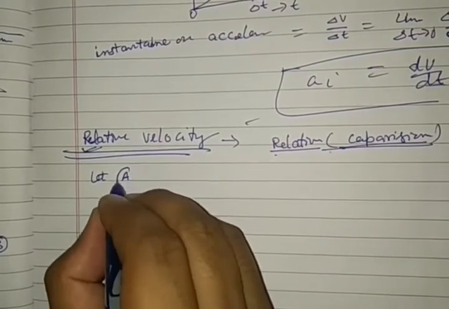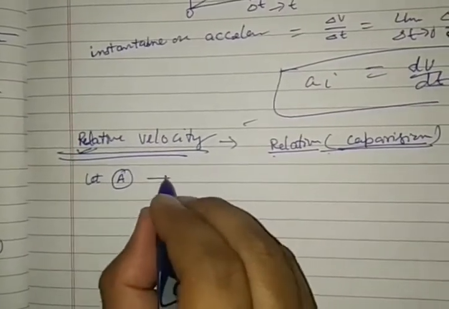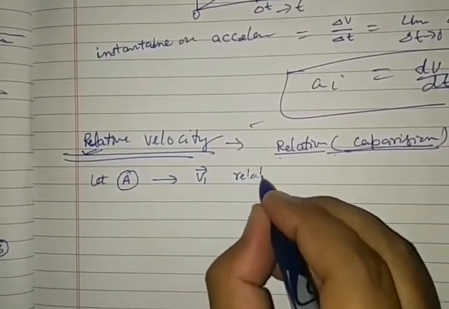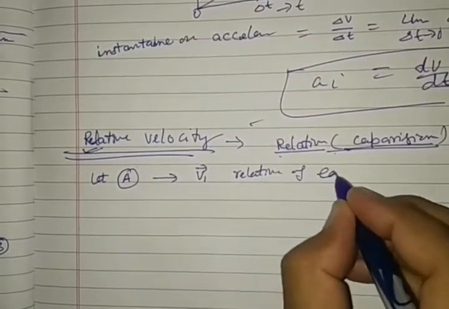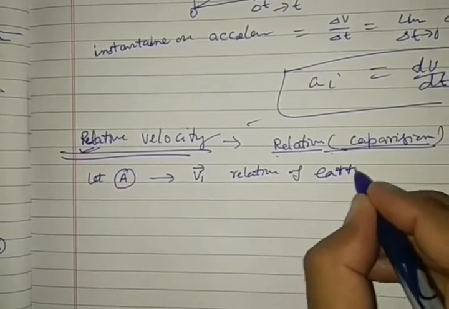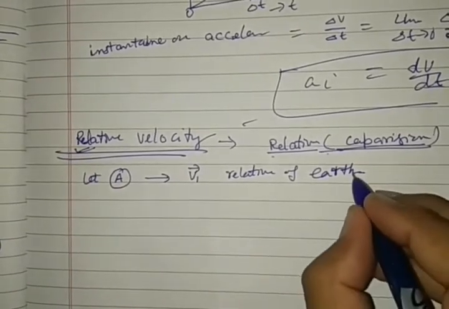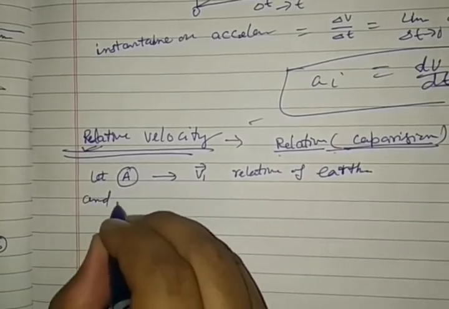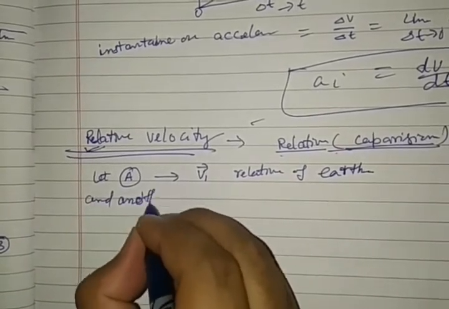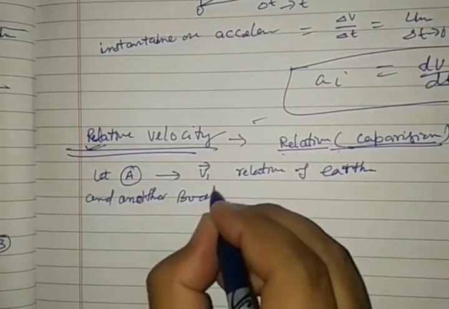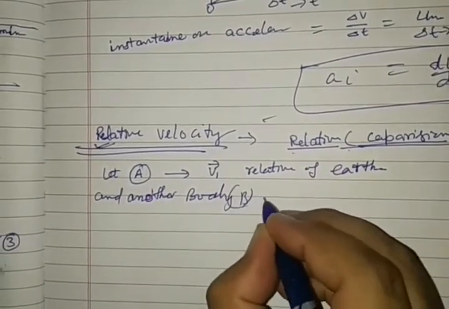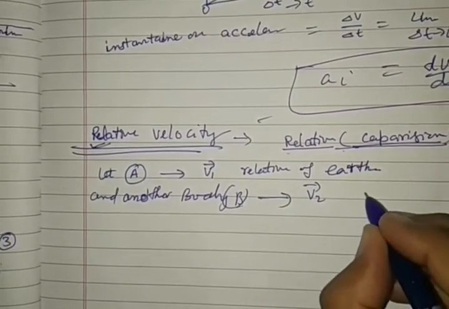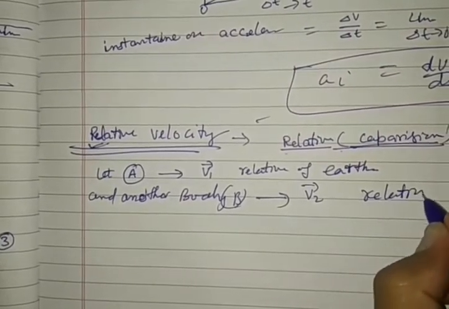First of all, let object A be moving with velocity v1 relative to Earth, and another body B moving with velocity v2 relative to Earth.